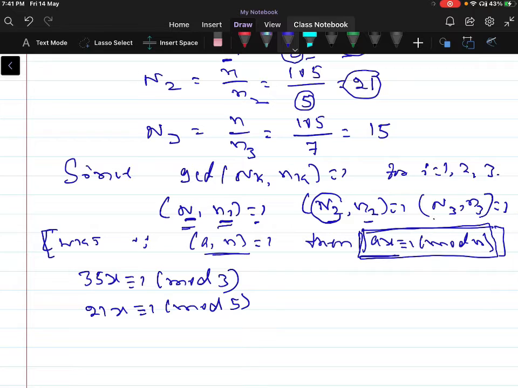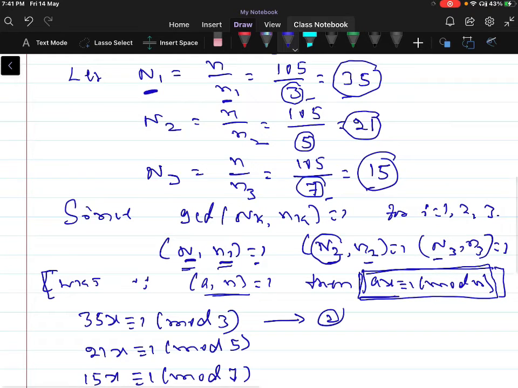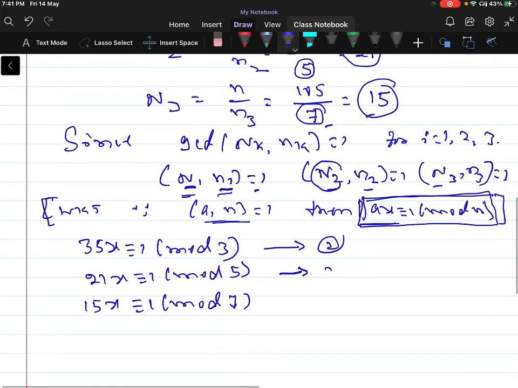Similarly we can write N3 is equal to 15 and small n3 value is 7. GCD of 15 and 7 is 1, therefore we can write 15x is congruent to 1 modulo 7. Let this be 2, this is 3 and this is 4.